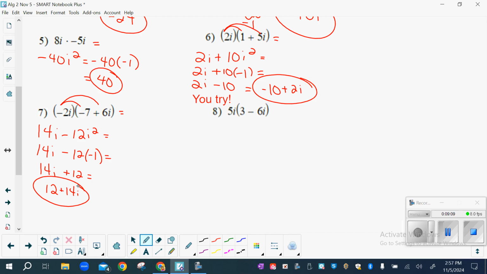Theirs says root 2. See, this is why I can't sit in the same room.